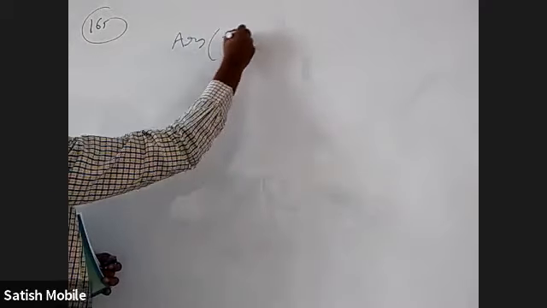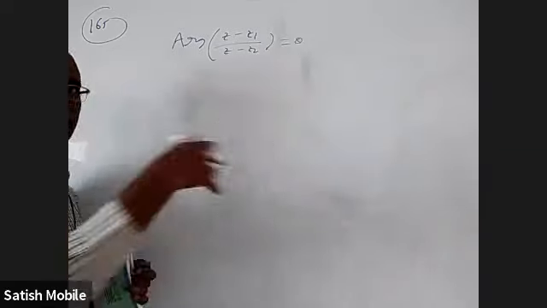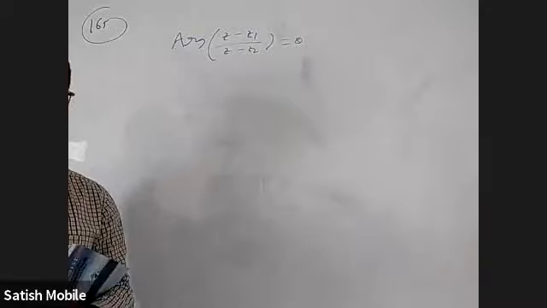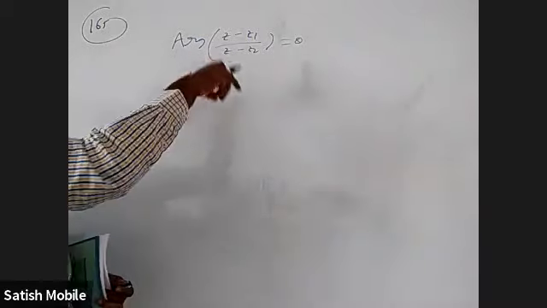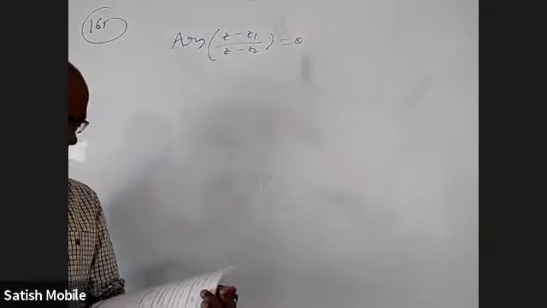Sir already discussed all the details of argument of (z minus z1) by (z minus z2) equal to theta. We take different values of theta, what will happen? In the mains material also, we printed all the details thoroughly with the figures. Okay, how it is part of a circle, whether it's major part and minor part and all that. Okay, so here it is a circle equation.